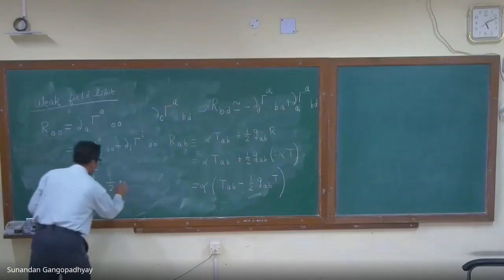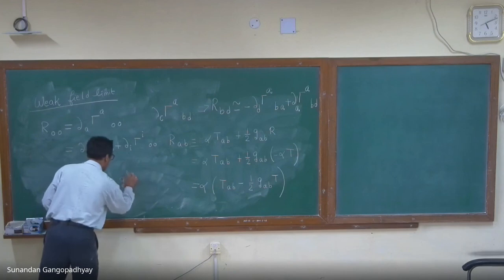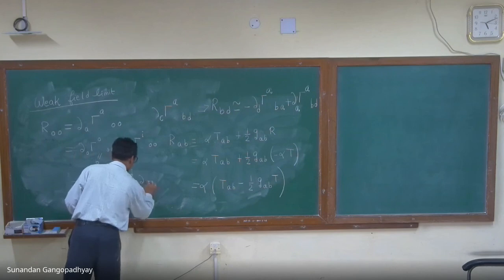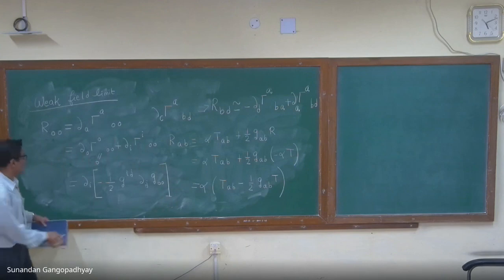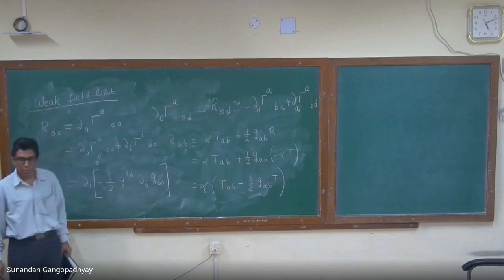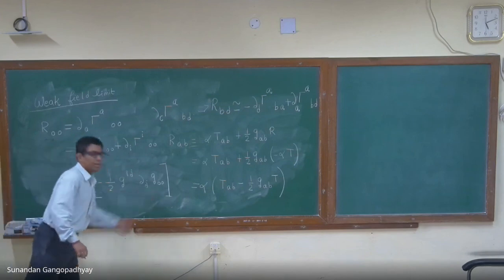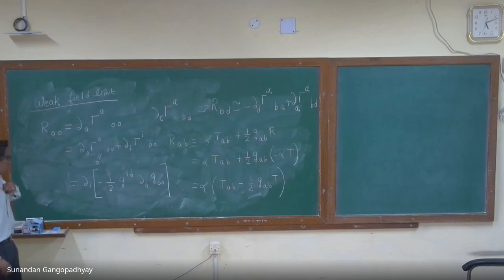This you get using the formula for the Christoffel symbol, the symmetric affine connection, in terms of the metric. So I have written it in terms of the metric. Once again, we are in the weak field limit.